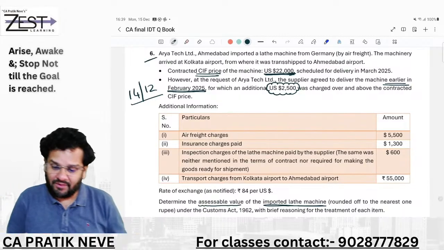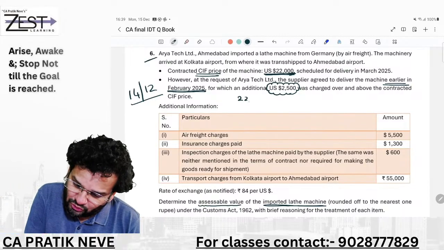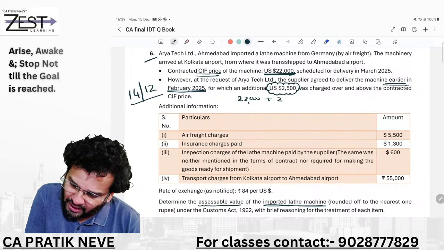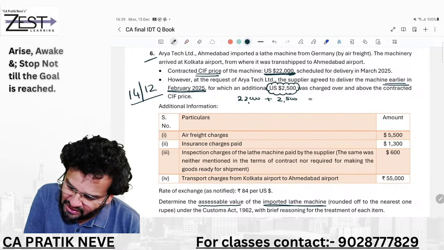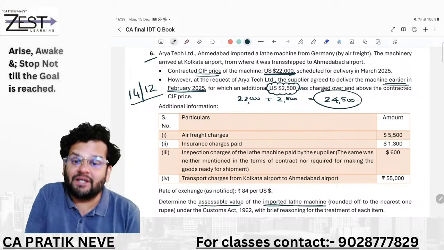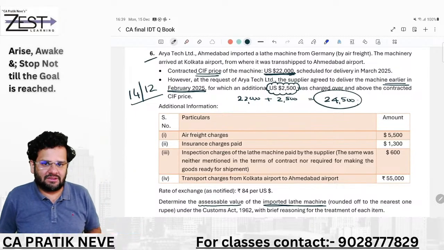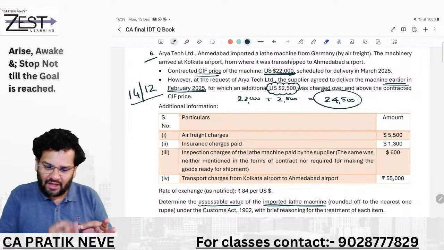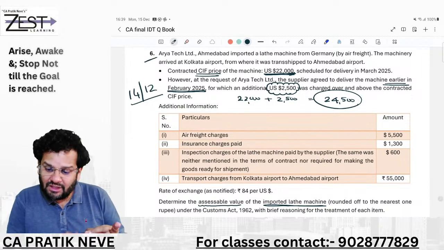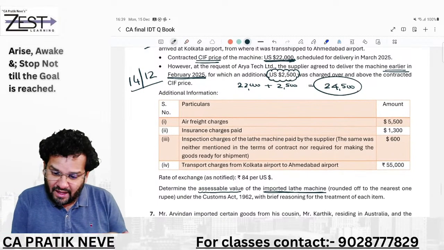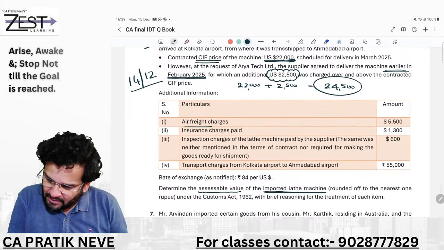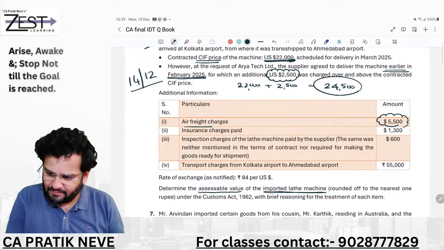So not only $22,000 but an additional $2,500 was also recovered. So basically $24,500 is recovered. Now additional information: air freight charges are 5,500.